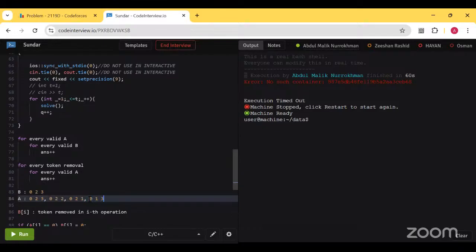If the array is like this, it is valid. If the array is like this, it is also valid. It means there are 6 possibilities, right? If A is like this, then this is one of the valid token removals.